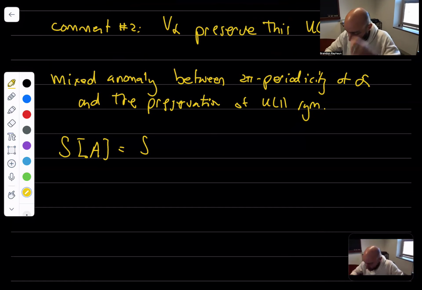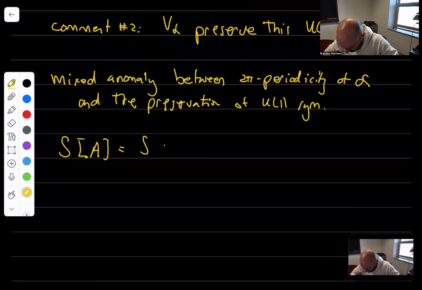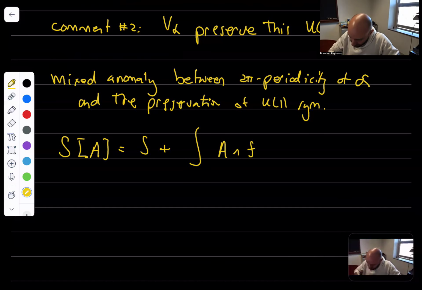The way that you would do that in the absence of this vortex line is you would simply add the following term to the Lagrangian. So this A is a background gauge field.